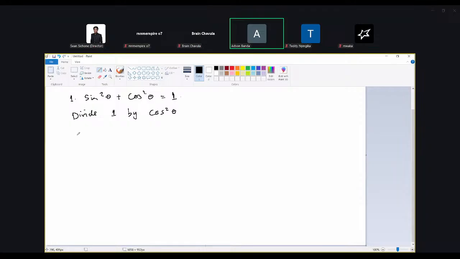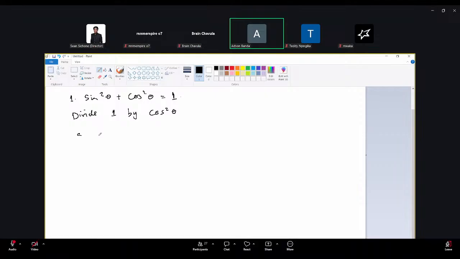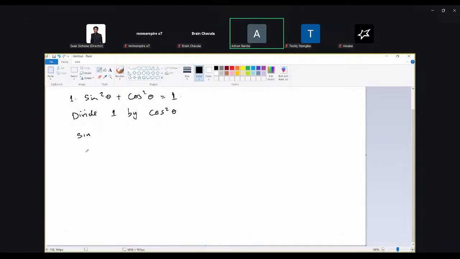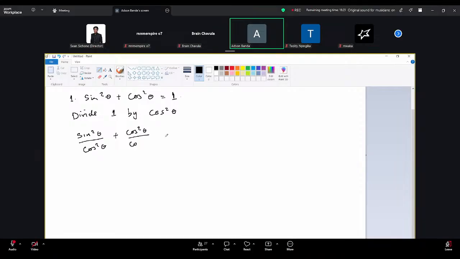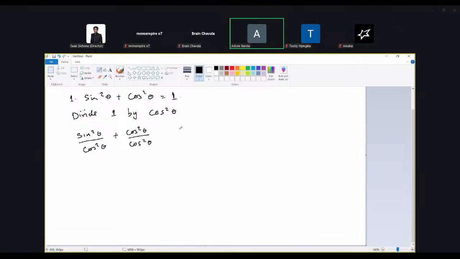When we do that, what we are going to get is the following. You have sine squared theta divided by cos squared theta plus cos squared theta divided by cos squared theta is equal to 1 divided by cos squared theta. So this is what we see.